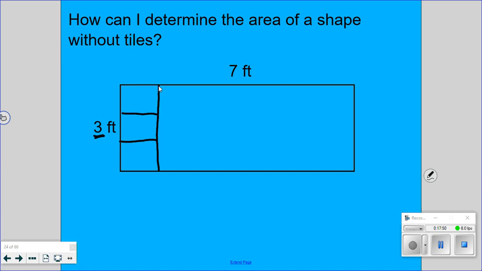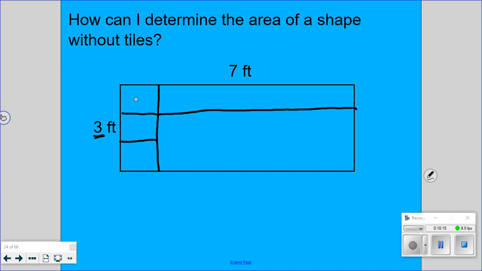Emma? Since you drew 3 squares, and the length is 7 feet, you could imagine 6 more squares and then skip count by 7. Could I draw the rest of these? Yes. I love that Emma said I'm doing 6 more.